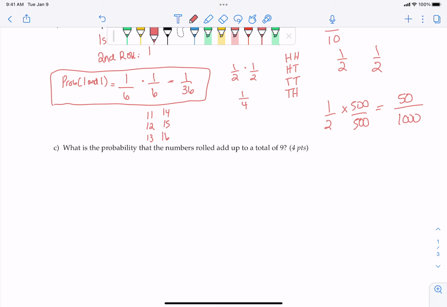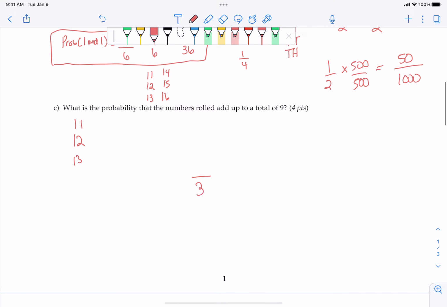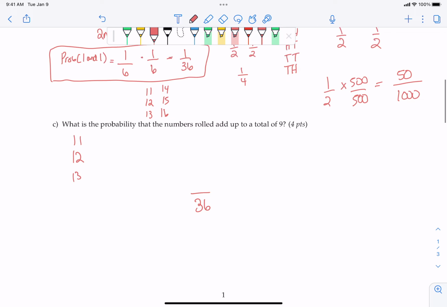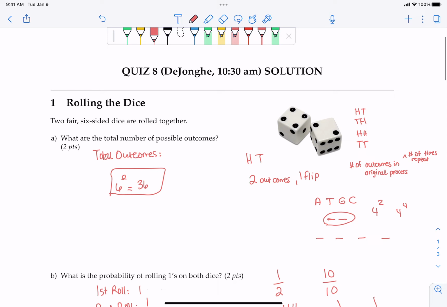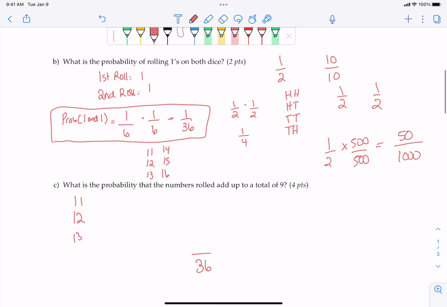When I roll 2 dice, I can get 1 1, 1 2, 1 3, or whatever. And I know there are 36 total outcomes, because from part A, I calculated 36 total outcomes: there are 6 outcomes in the original process of rolling a die, and I repeated it twice, so 6 to the second is 36.